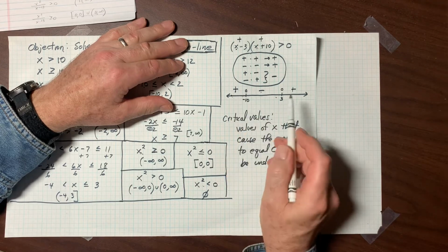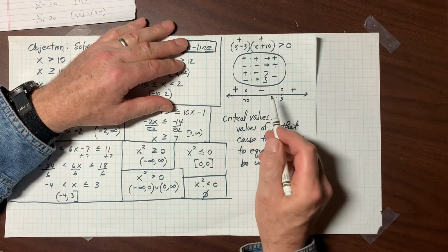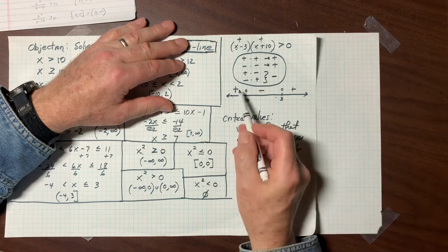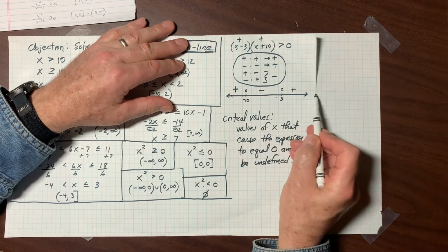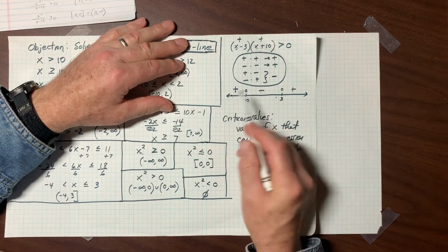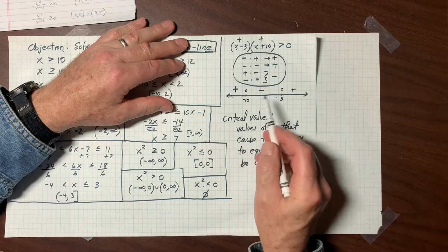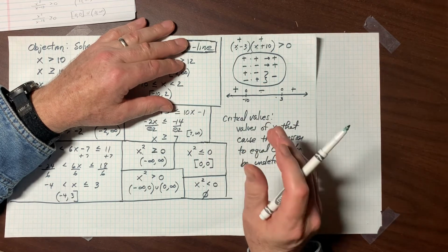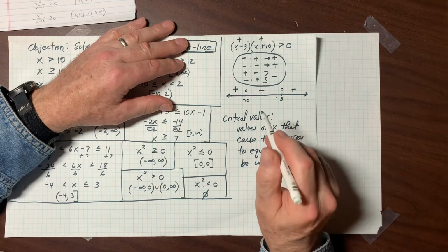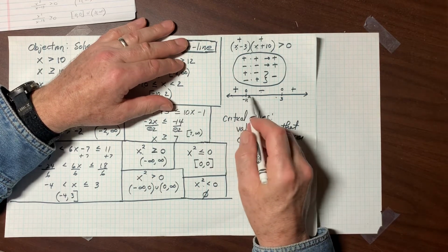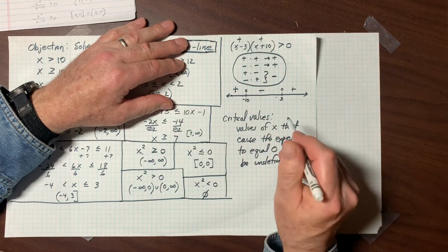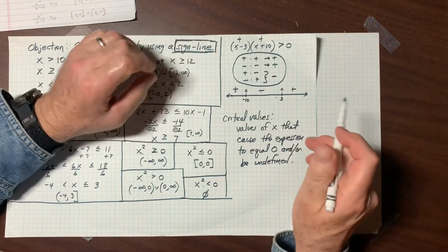So you don't necessarily have to pick a number from each interval. You'll catch on to the fact that as you move across your sign line from interval to interval, you just alternate between positive and negative, but not all the time, the vast majority of the time. And I'll give you an example of when it does not alternate, and I'll tell you what to look for so you'll know when that happens. But that'll be a unique situation. So here we go. Let's finish this out.